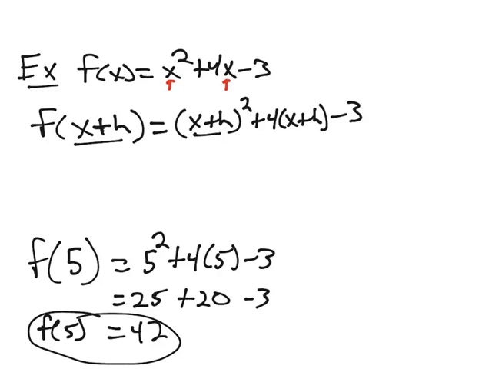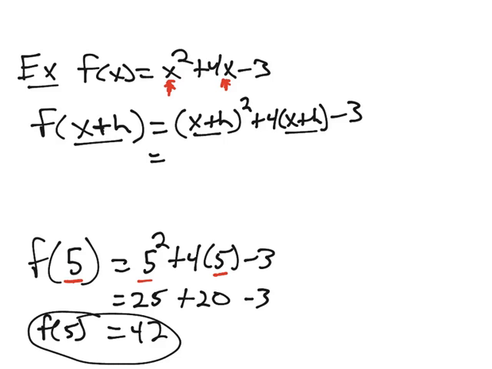We did the exact same thing down here. We put in the 5s in the two places where x was in the original equation. We'll do the same thing here, but instead of a nice number 5, we have this lovely x plus h looking thing. So if we plug in x plus h, that's what it looks like.